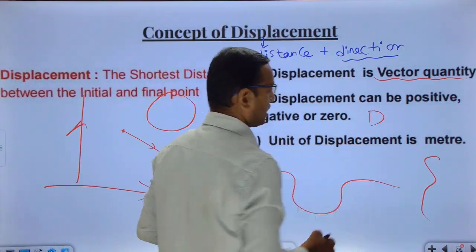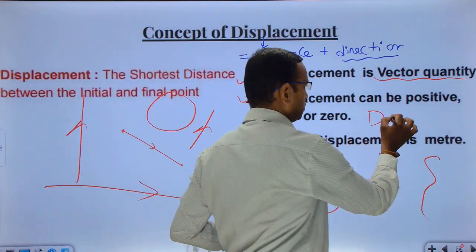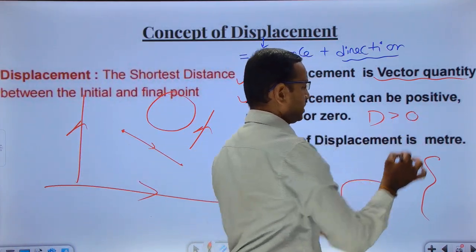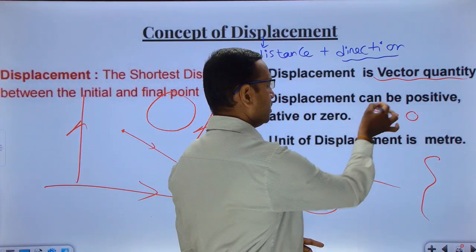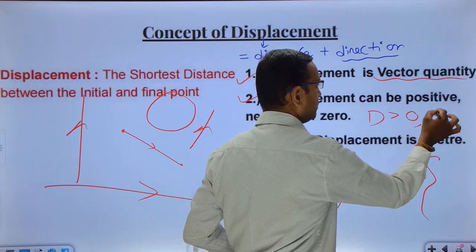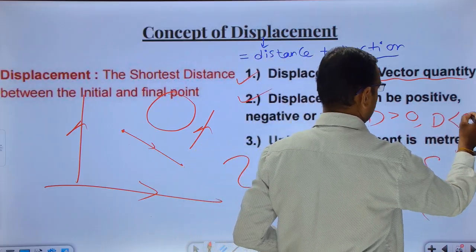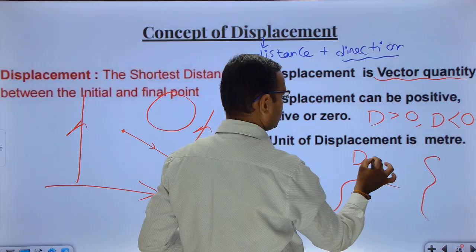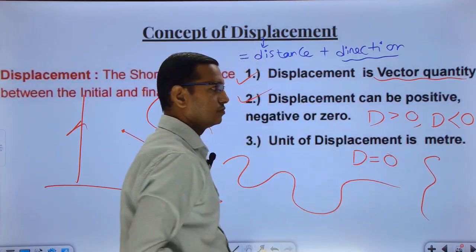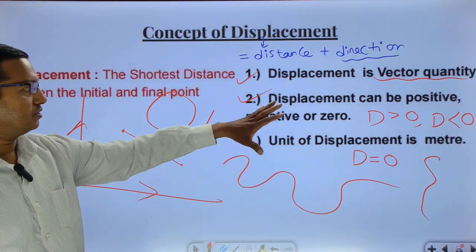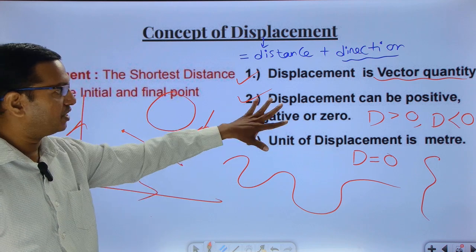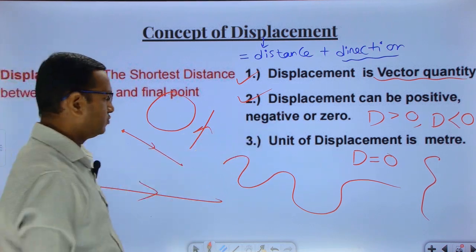I'll call displacement capital D. Capital D can be positive, or negative, less than 0, or equal to 0. So let us understand when displacement will be positive, when it will be negative, and when it will be 0.